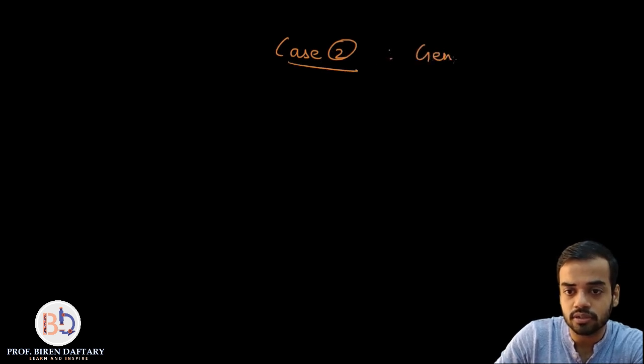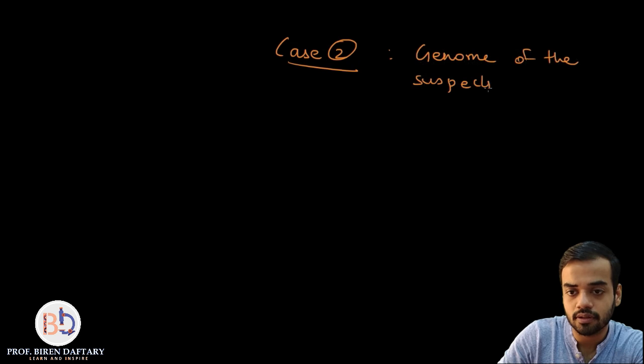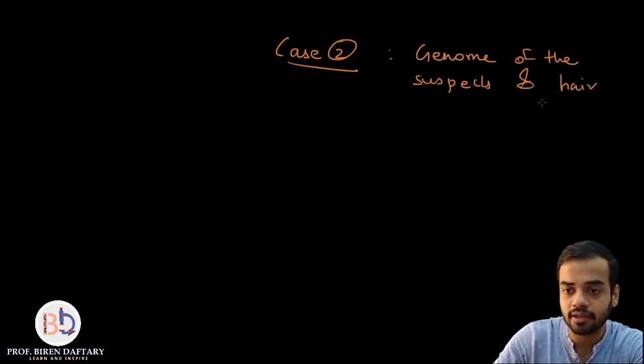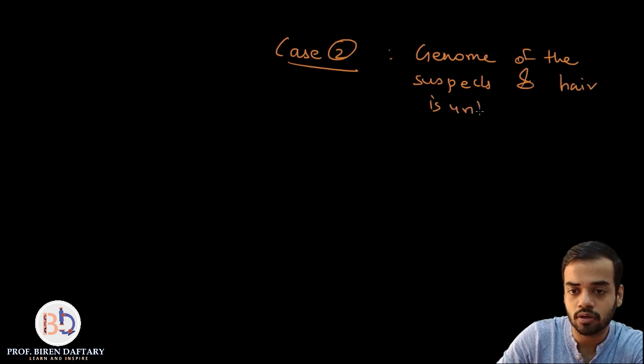For example, whatever you want, say for example the sequence GCC. Okay, so now we are doing case 2, and in this case 2, the genome of the suspects and hair is unknown, correct?